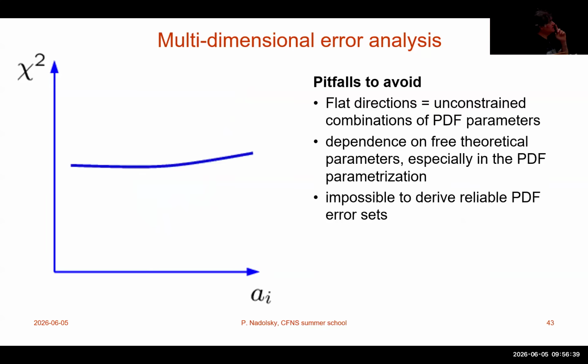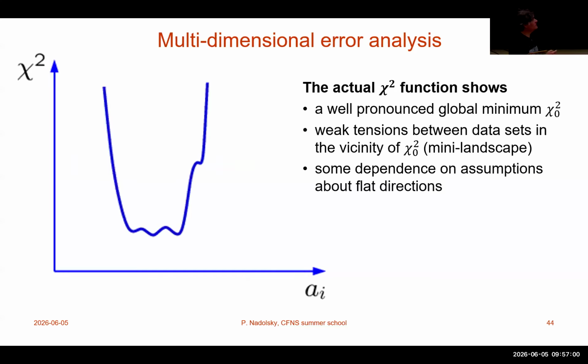The other situation you also have to be worried about is flat directions. You could have parameter combinations that are completely unconstrained by the data, and then you cannot estimate the uncertainty along these parameter directions. Somehow your analysis must be smart enough to avoid this situation. Fortunately, we are typically not in those pathological situations.